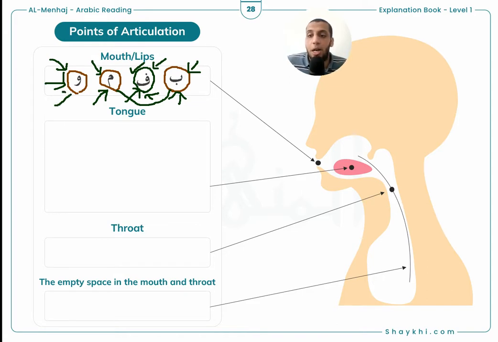And lastly, the letter waw, by circling the two lips together without meeting completely. So these are the 4 letters of the lips and the difference between each one.